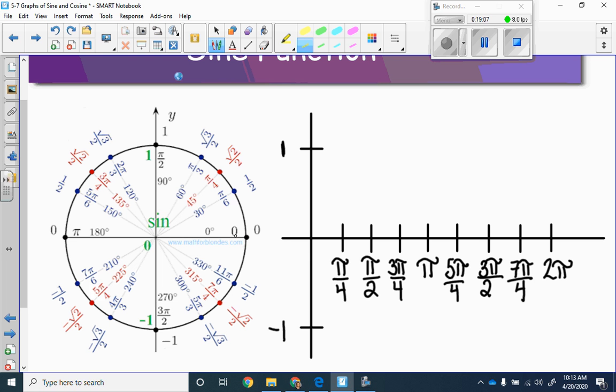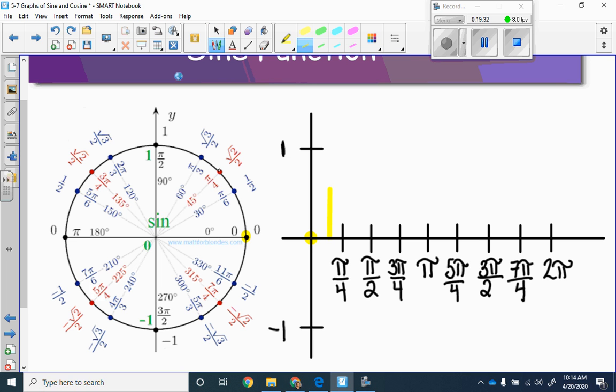Now, starting at 0, well, the sine of 0 radians is 0, so we're starting here. Now, what about the sine of pi over 6? Pi over 6 is 1/2 of a unit above your x-axis. So at pi over 6, which is going to be about right here, we are at 1/2.